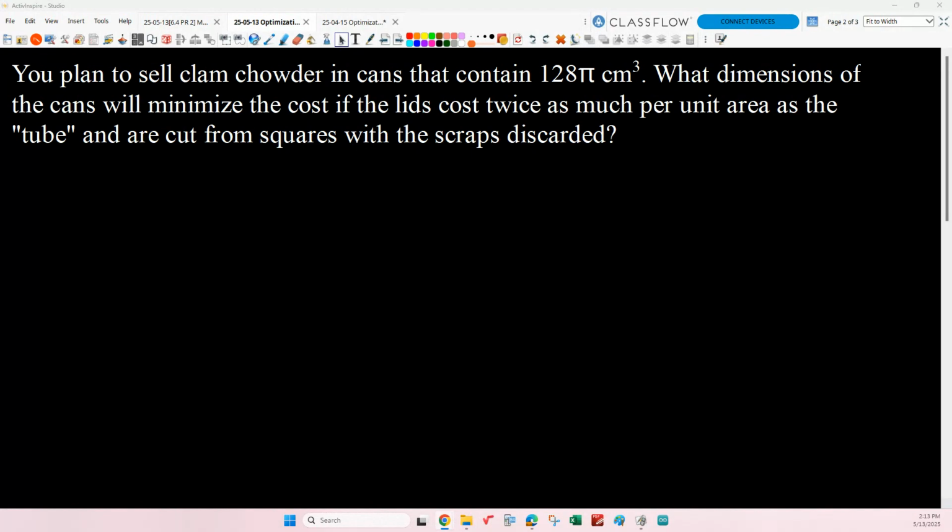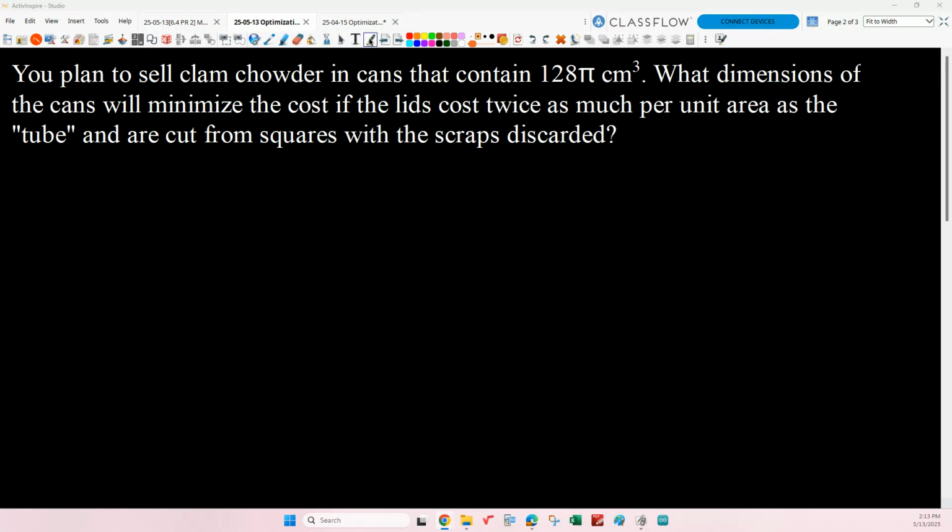So what do I need to do? Where should I start? Well, we want to minimize costs. But what do I do? Tell me what to draw up here. Well, we're cutting out of squares. We need area of squares and rectangles.